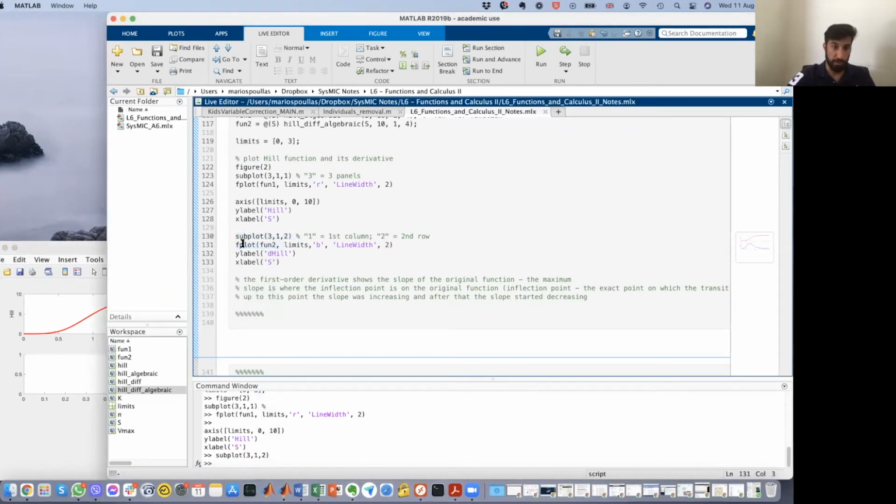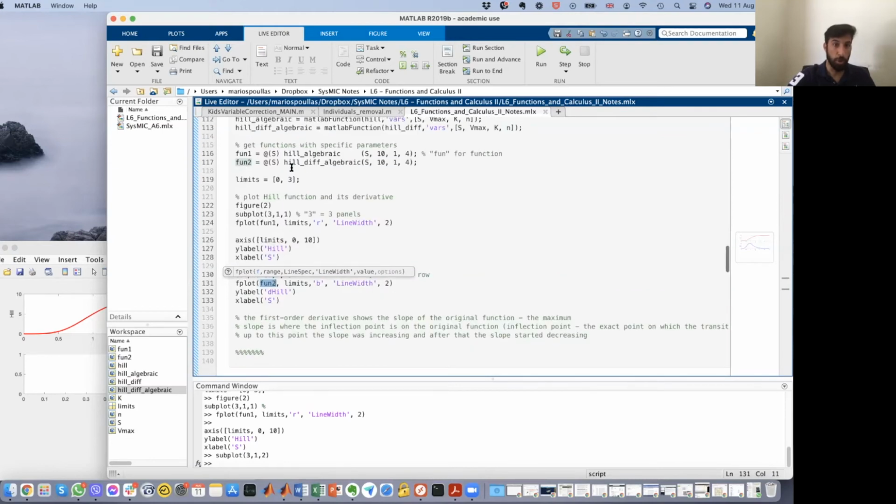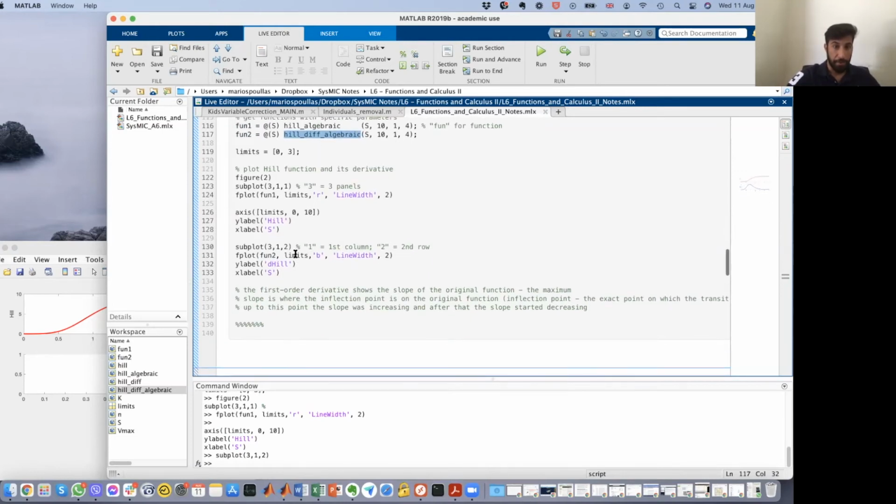So it's again the same f plot, the function that we are using. We are using function number 2 this time, which is the differentiated version, the first order derivative of the Hill function. I'm using again the limits from 0 to 3. I'm always using the same limits for the panels to be comparable.